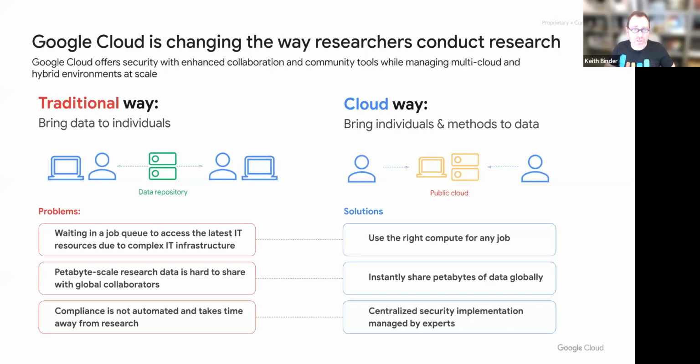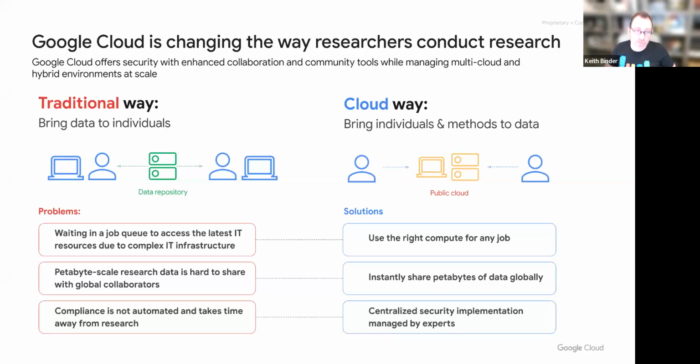And because research is getting bigger, the problems are becoming bigger, the data is becoming bigger, it's not so trivial to share multiple terabytes, even petabytes of data. With cloud, you can simply add a user's credential to a data set and share that multi-petabyte data set in a second. And then lastly, compliance always rears its head with research endeavors.